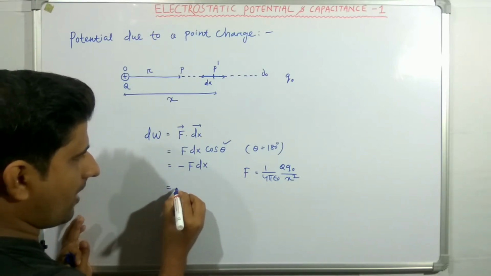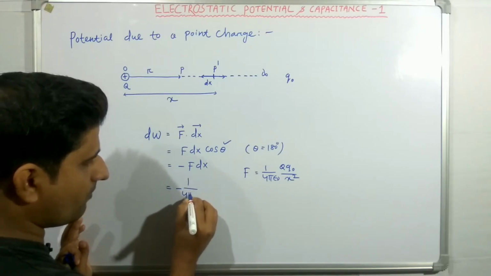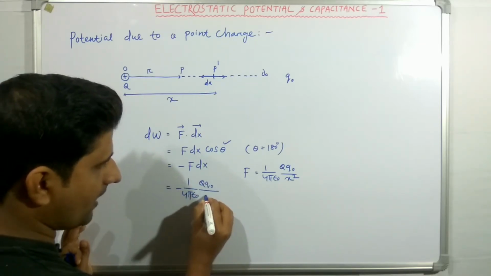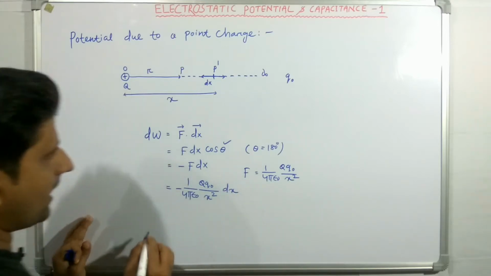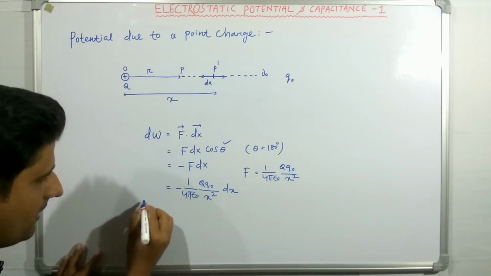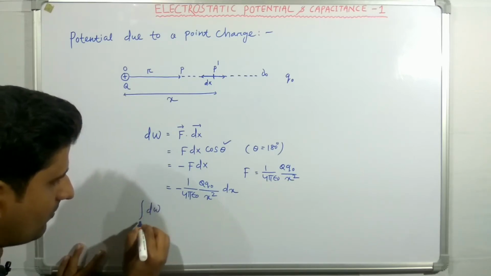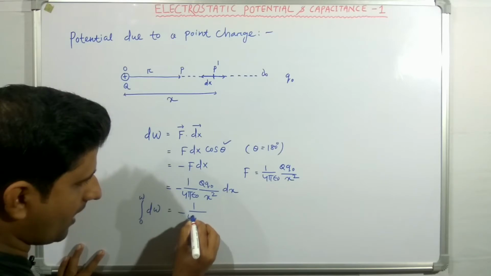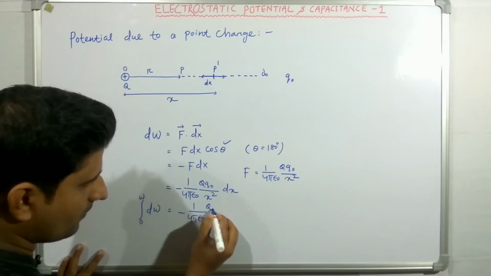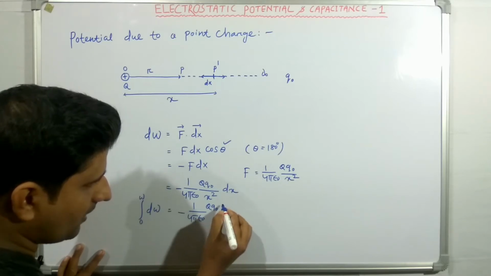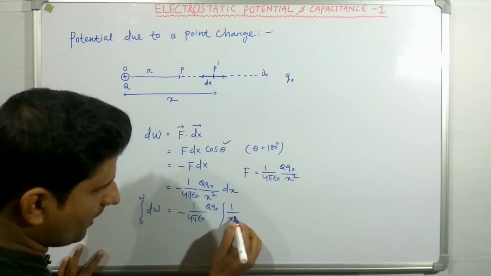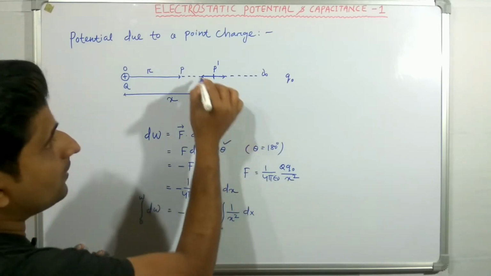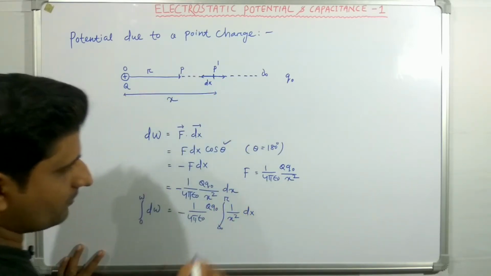This will be minus 1 by 4 pi epsilon naught q q0 by x square dx, and integrating both sides, dW from 0 to W equals minus 1 by 4 pi epsilon naught q0, 1 by x square dx, with limits from infinity to the point r.